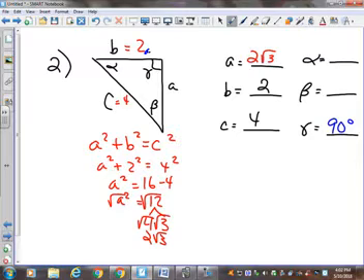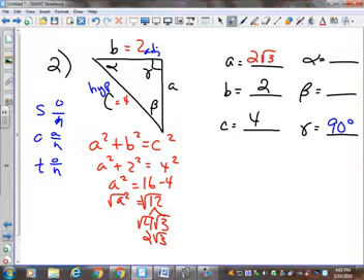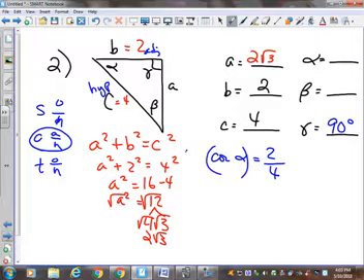It's adjacent to B, and it's the hypotenuse for C. So the trig mnemonic tells me that I'm going to use cosine this time because I have adjacent and hypotenuse. So the cosine of alpha is equal to 2 over 4. We're going to inverse cosine both sides.